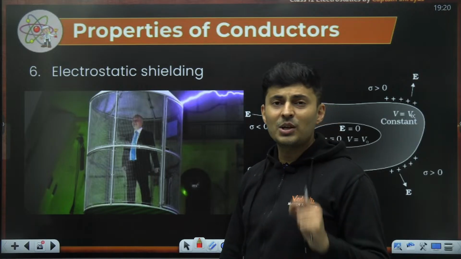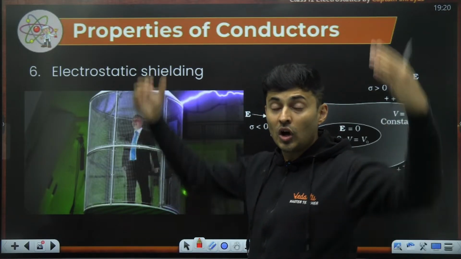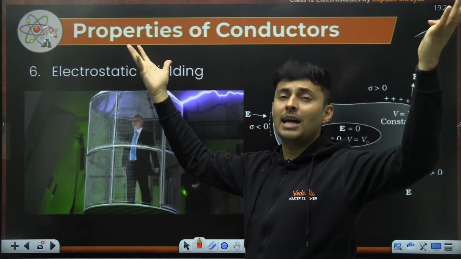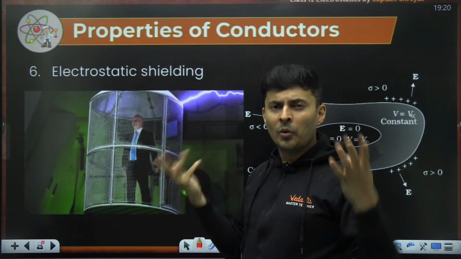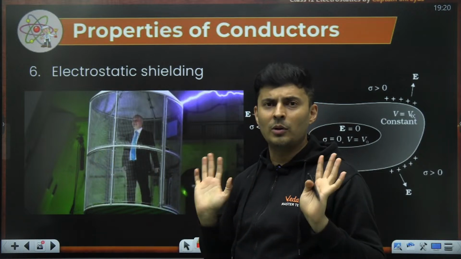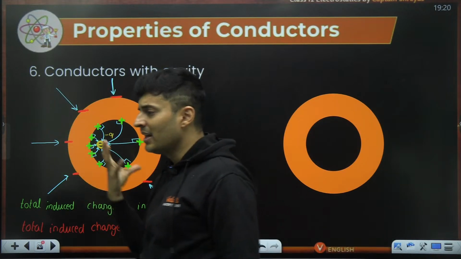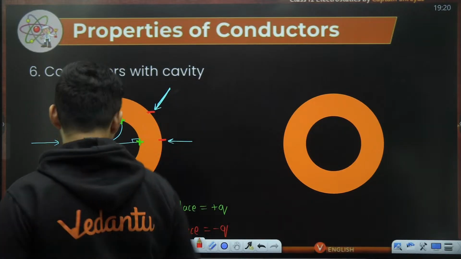That is the reason why you are very safe in a car when lightning strikes. You might think, sir, lightning will strike, the car will get damaged, and I will also burn. No, the charges will flow through the body of the conductor and go through the ground. You are safe, nothing will happen. So this is the concept of electrostatic shielding.